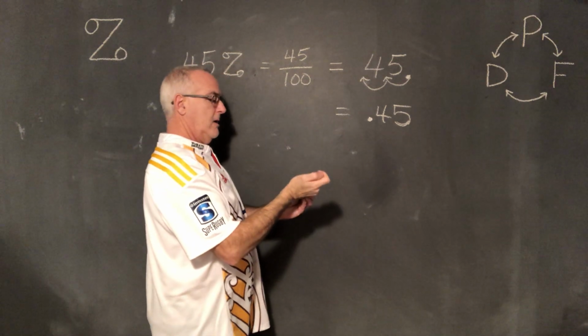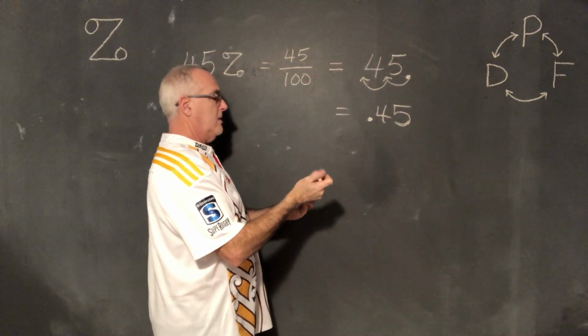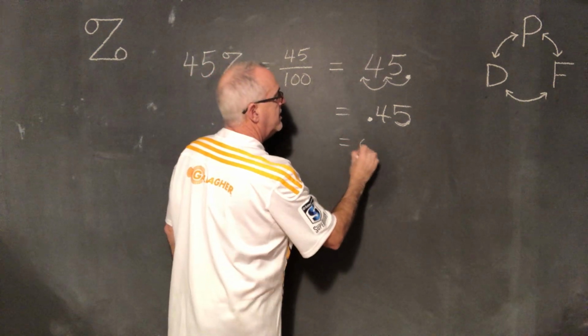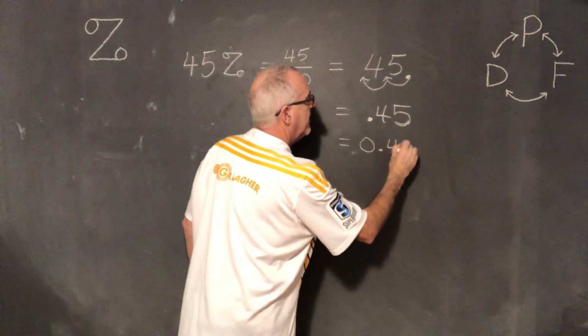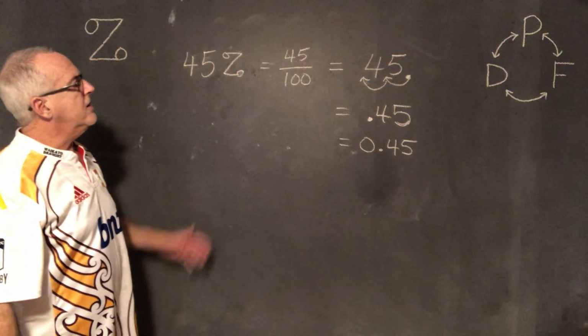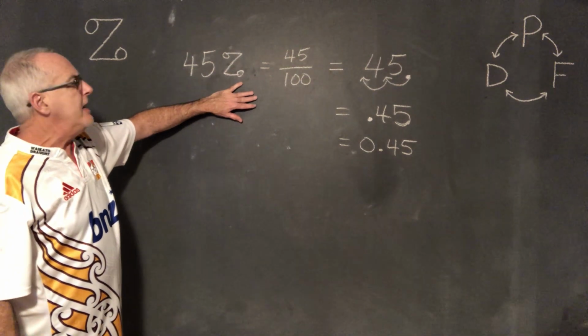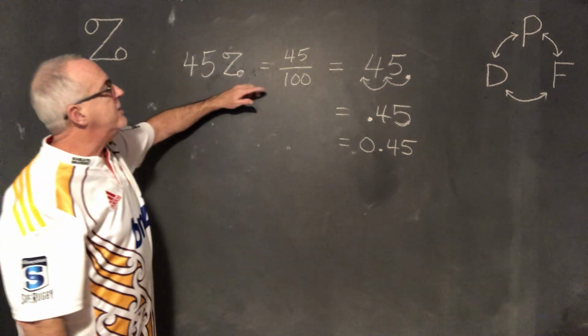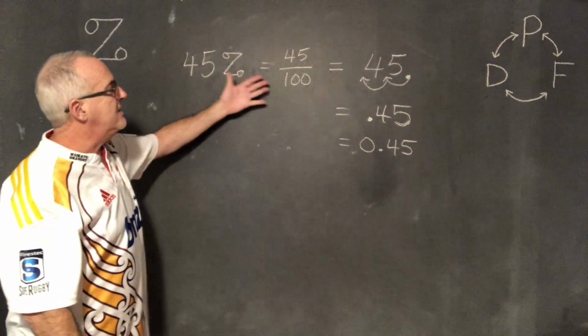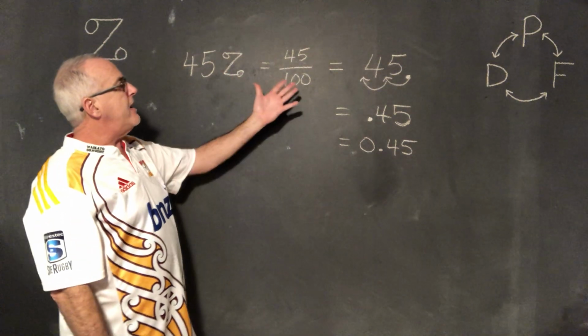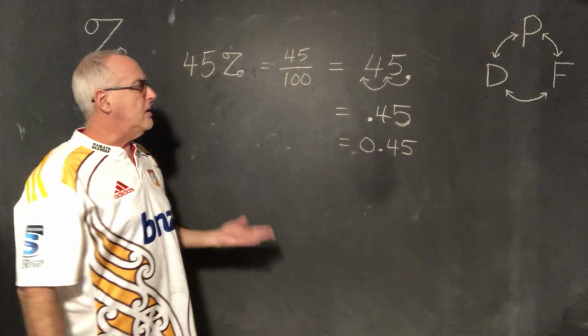That's messy. I think I need a bit more chalk up here. Okay. Or 0.45. Okay. So to convert a percentage into both of the others is really fast. And it's especially fast if we convert it into the fraction first, because this step is so easy. And then the rest is a review. So let's do some more.